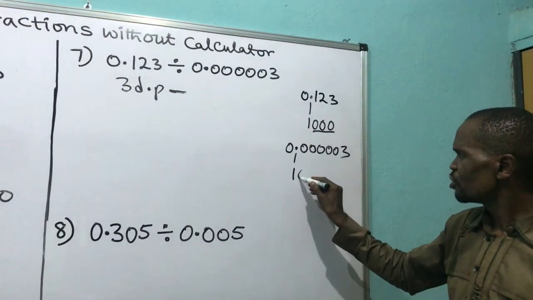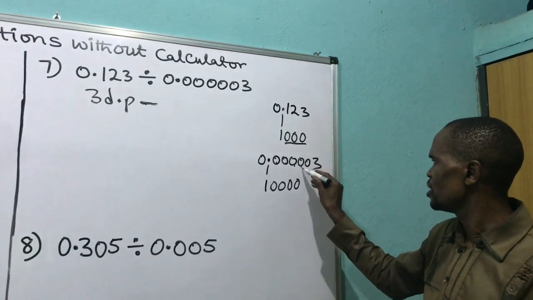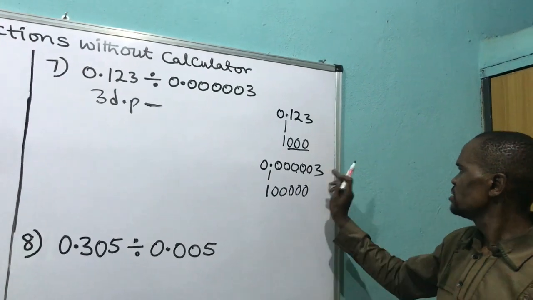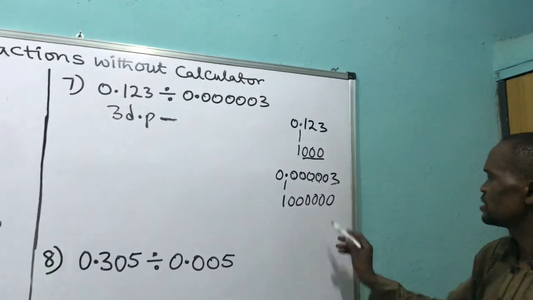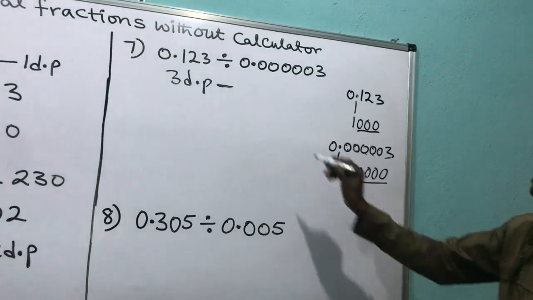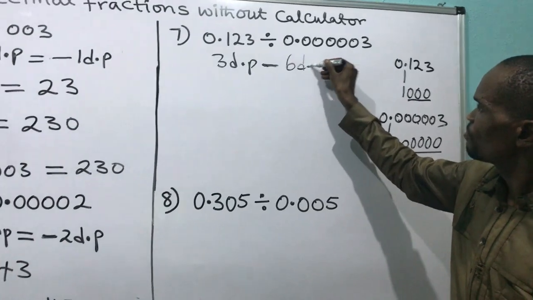I'm going to have 0 for this, 0 for this, 0 for this, 0 for this, 0 for this. That means 1, 2, 3, 4, 5. Then 0 for 3, which makes it 6. That means 6 decimal places. This one has 6 decimal places.